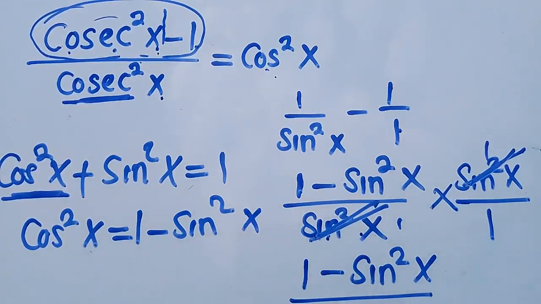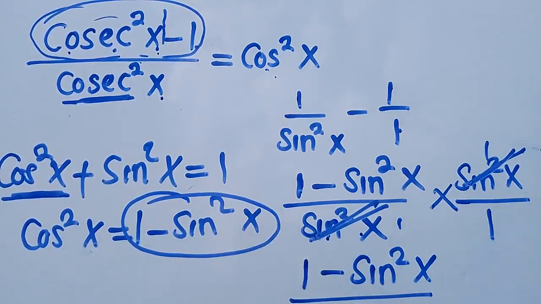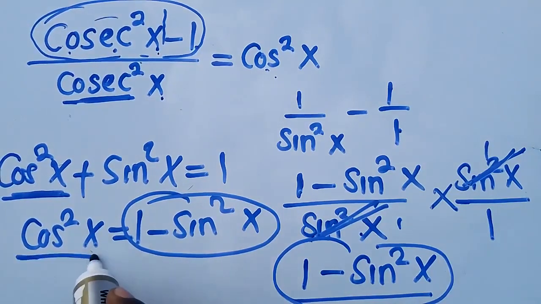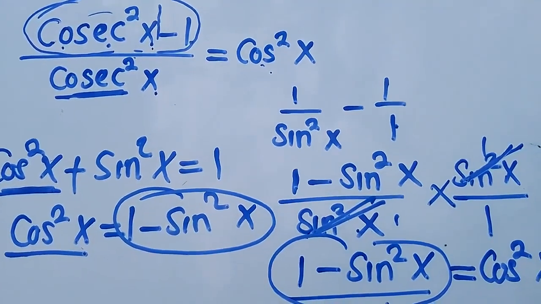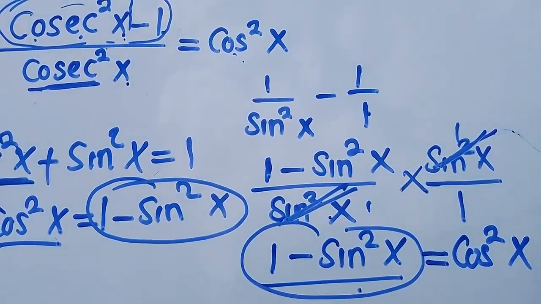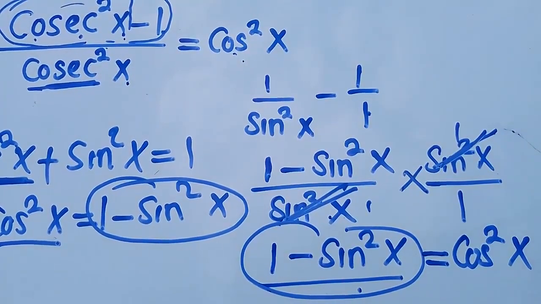So the part here is exactly the same as cos squared x. It is just one and the same thing. This is what you are supposed to understand.